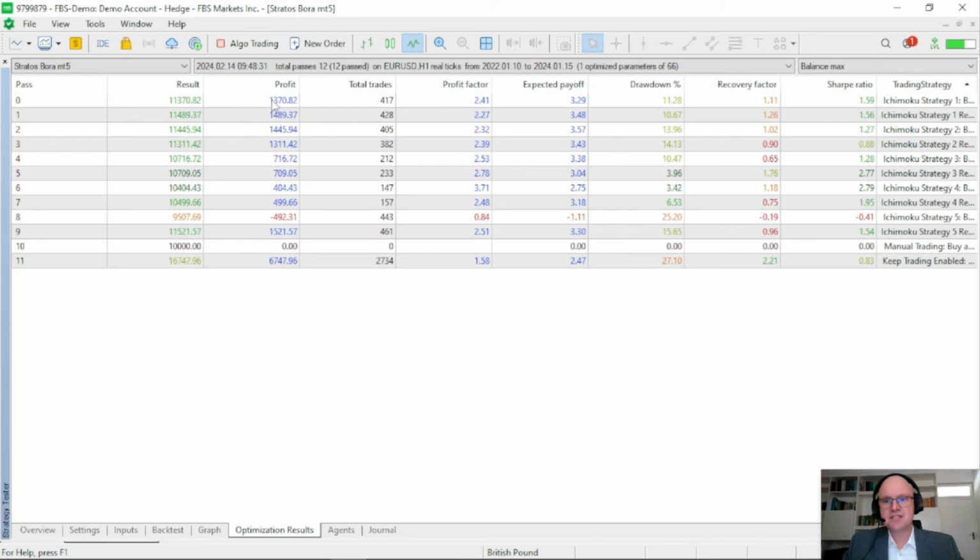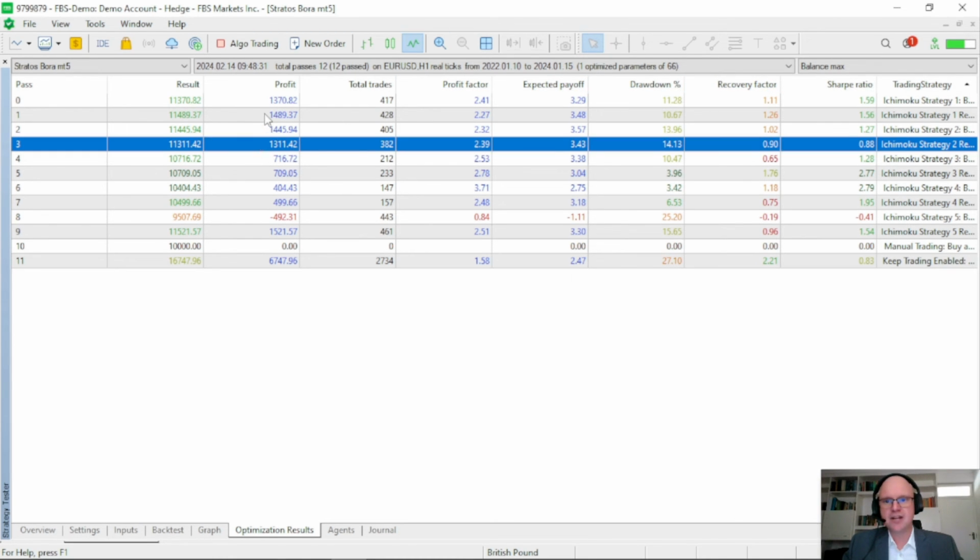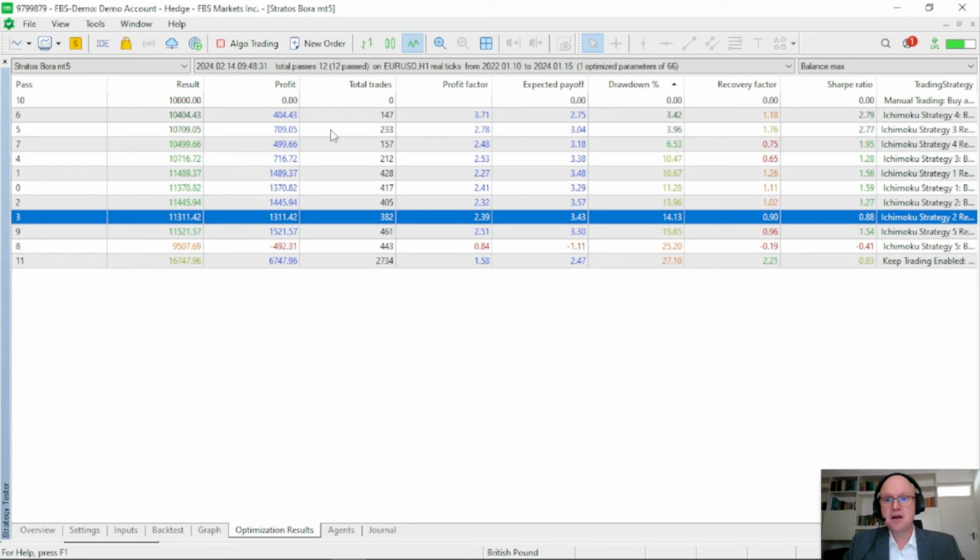Now, if you want to decide which strategies you want to use, you can either look at the profit or profit factor, or alternatively, according to the drawdown that you would like to use. Another alternative for those of you that want to have constant trades in the market is to select the best strategies, which in this case will be strategy 1 and 2, and use these combined.